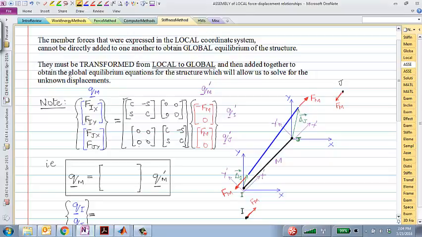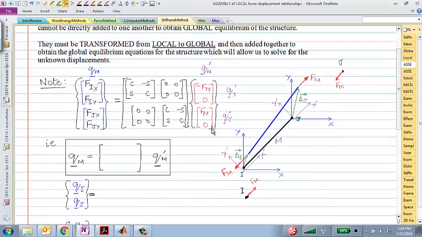Right? So simply by using this transformation matrix, I have been able to convert this Fm, which is pointing along x prime, to two components, Fix and Fiy, which would be the components in the x and the y coordinate system. Once I have the components for the forces in the global coordinate system, I can add all of these forces from all of the elements very easily, directly, right? So that's exactly what we're going to do.